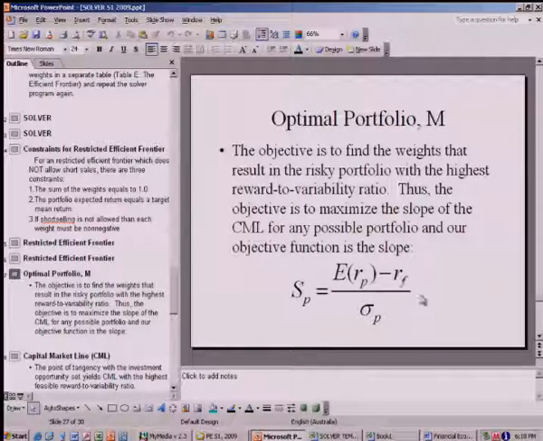So to find the Sharpe Ratio, you will find the difference between the expected return on each of those portfolios that we have calculated that lie on the efficient frontier, minus the risk-free rate of return, and divide that by the standard deviation of the optimized portfolio.